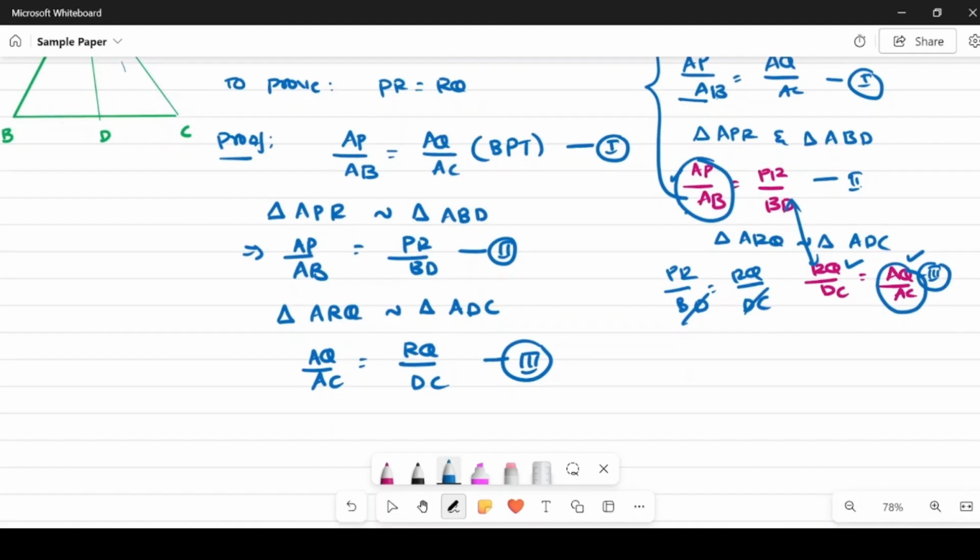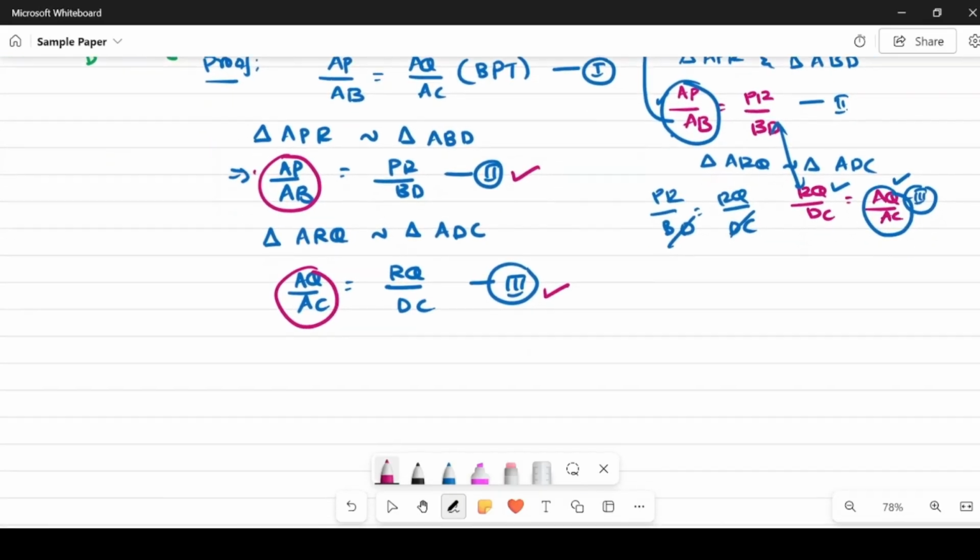Now from 1 we have AP by AB is equal to AQ by AC. Therefore these two are equal. Since AP by AB is equal to AQ by AC, since LHS are equal, we can equate the RHS. So from 1, 2 and 3 we have PR by BD is equal to RQ by DC.